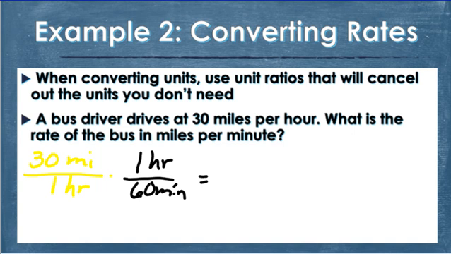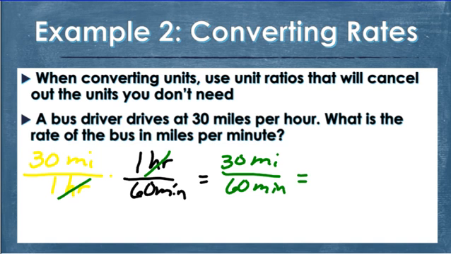So now if I multiply, my hours cancel out because they're opposite. That's what we want. They divide each other out, which just means 1. So when I multiply straight across, I get 30 miles over 60 minutes. But I can reduce that, and I should reduce it. 30 is half of 60.